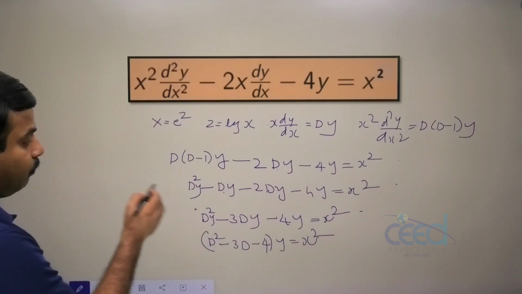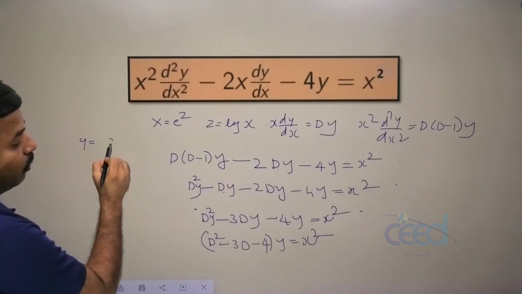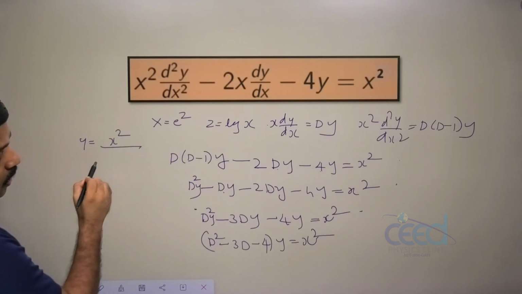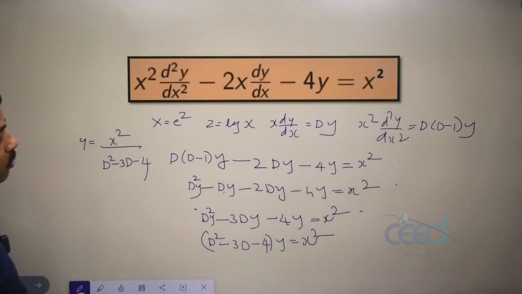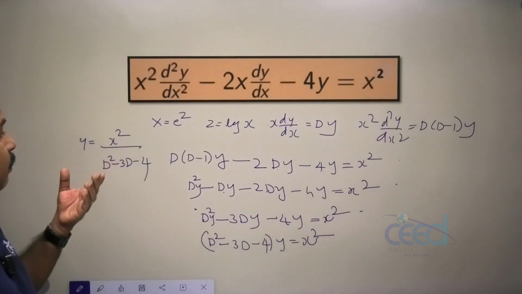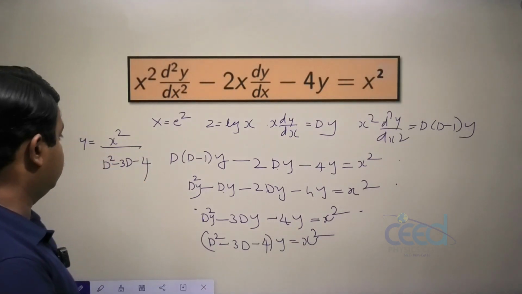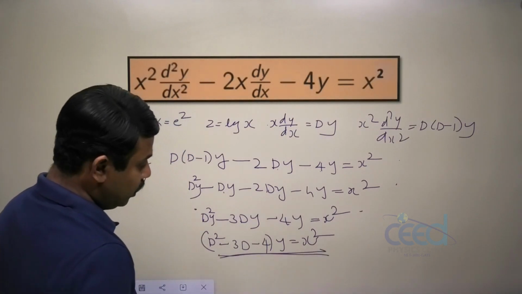Then I can write y is equal to x square divided by D square minus 3D minus 4. Right. Now you know how to solve this. We already studied particular integral and complementary function. So before the particular integral, the complementary function.